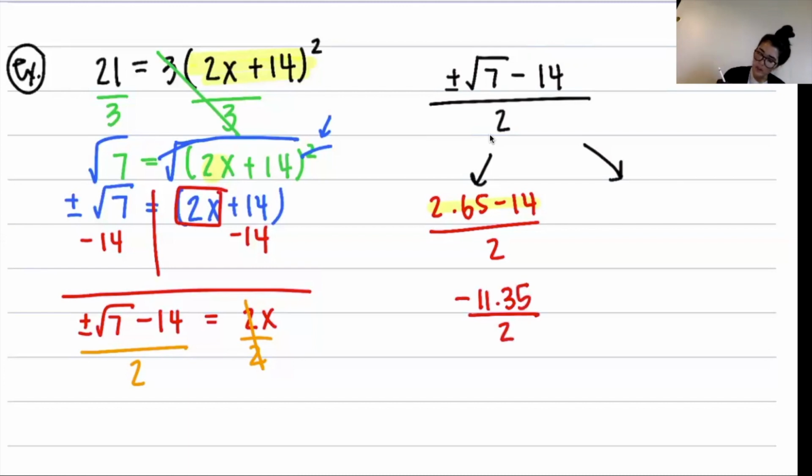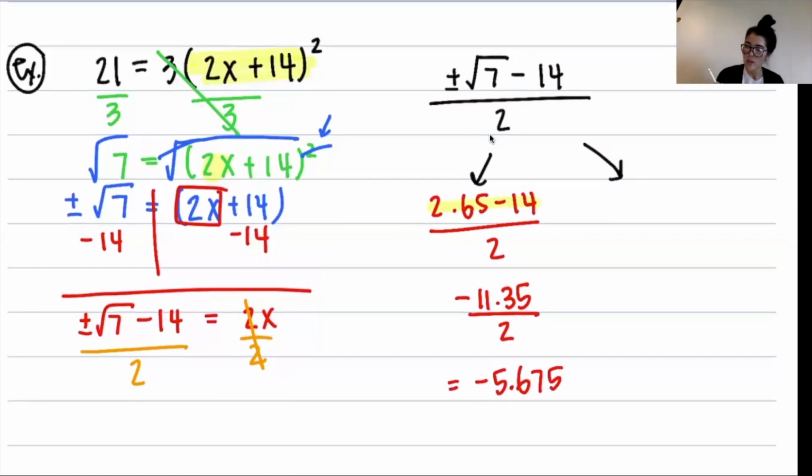So this gives me an answer of negative 5.675. And then again, I would do the same on the other side, but I'm going to take the negative of this one. So this is going to be negative square root of 7. So negative 2.65 minus the 14, and then again, all over 2. Same concept here.